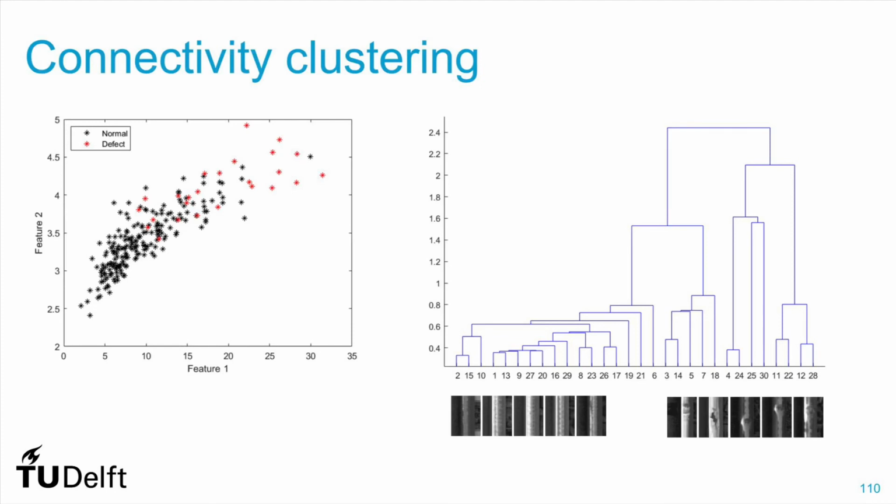In the dendrogram, in the x-axis you see the data points. In the y-axis you see the distances between those data points. When you create the dendrogram, you start merging 2 points together first at the low distance. And then when you start increasing the distance, you start to glue other data points or other clusters together.